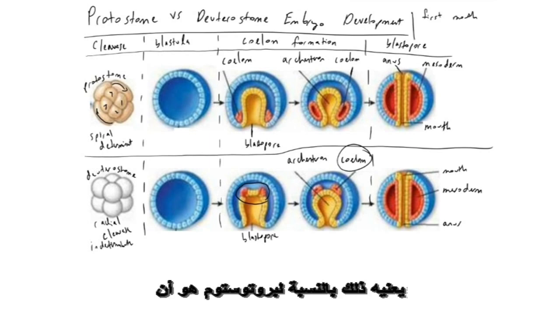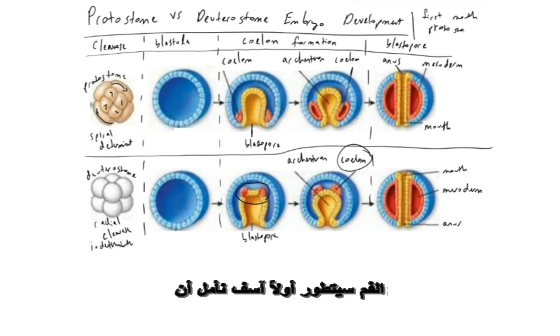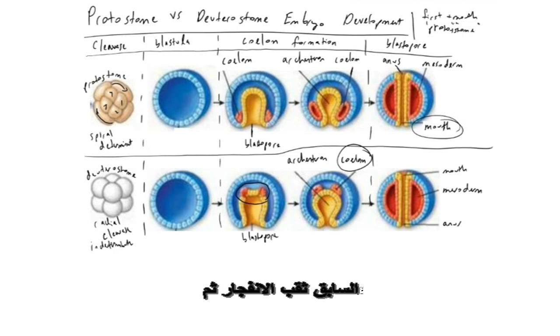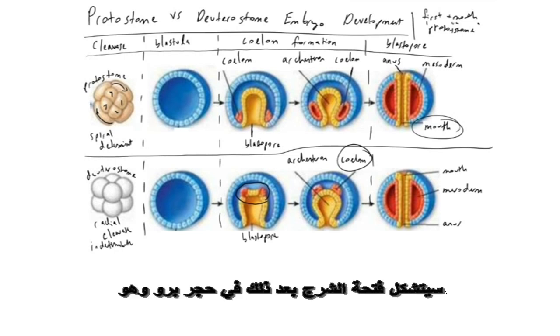And so what that means for protostomes is that the mouth will first develop. Hopefully you can see the Latin. So if we were looking at a protostome, the mouth will be where the blastopore once was, and then the anus will form afterwards in a protostome.